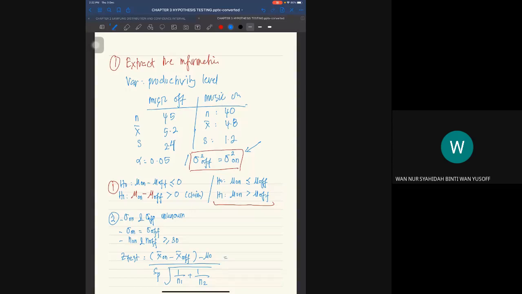You have done it. So what is your z-test? Negative 0.9530, or 31.